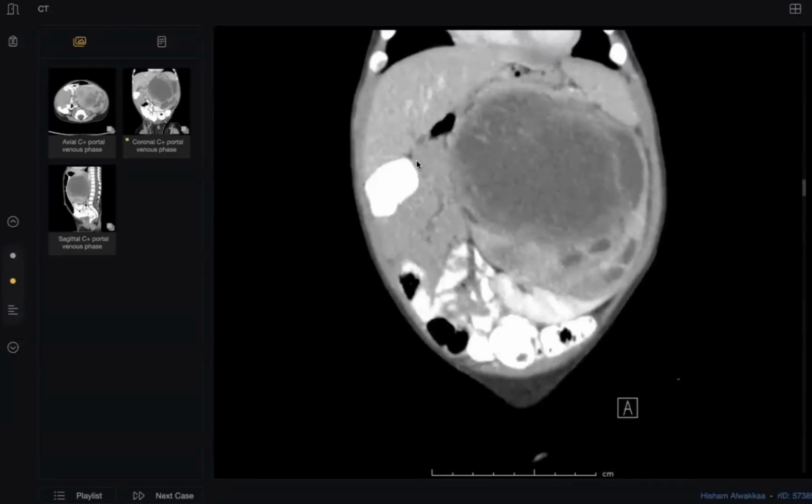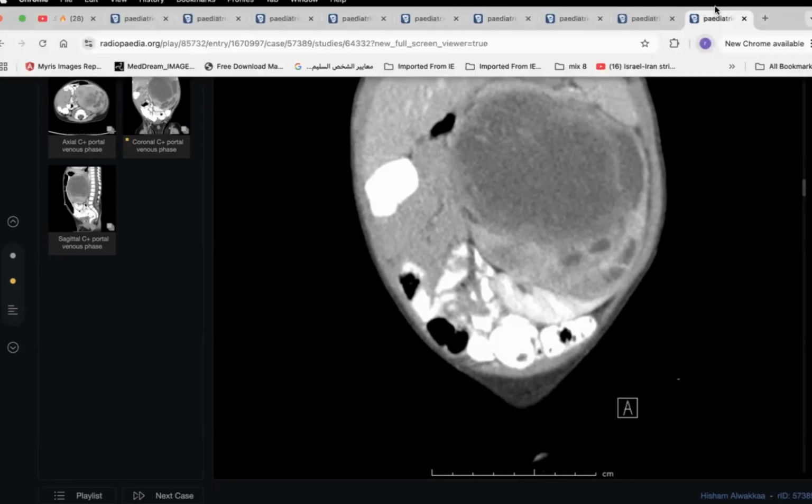So we make a diagnosis by exclusion: mesoblastic nephroma. My colleagues, this is the ideal technique and style in FRCR when you are presented with non-familiar cases.